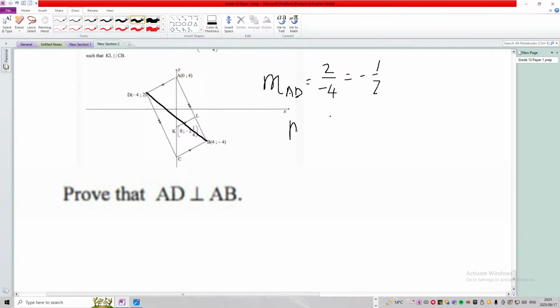And the gradient of AB, it's going to be 1 over, sorry, let me not skip because I'm trying to skip now. Yes, that's what you meant.